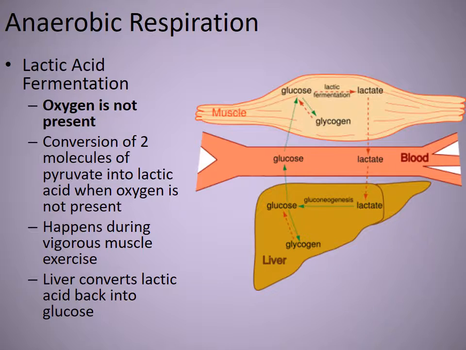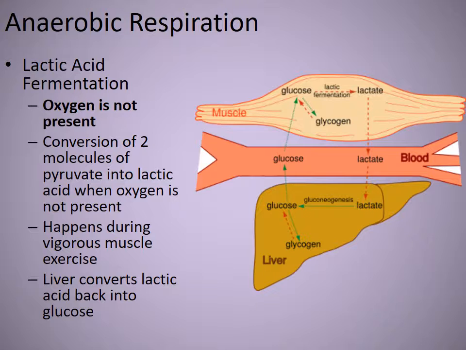The whole process here is the fact that your muscles are using all the oxygen that is currently in your muscle cells. When that oxygen runs out, your cells will then jump to an anaerobic respiration pathway, and that occurs in the cytoplasm of our muscle cells.